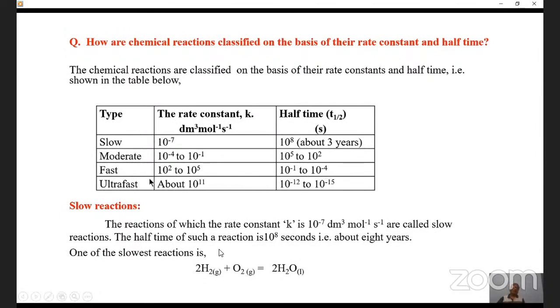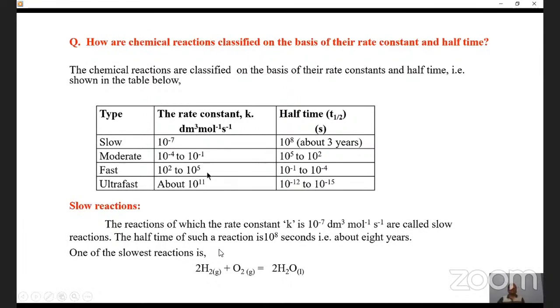Now there are some ultra fast reactions. The rate constant k value of such an ultra fast reaction is about 10 to the power 11 dm³ per mole per second, and their half time is very short, that is 10 to the power minus 12 to 10 to the power minus 15 seconds.